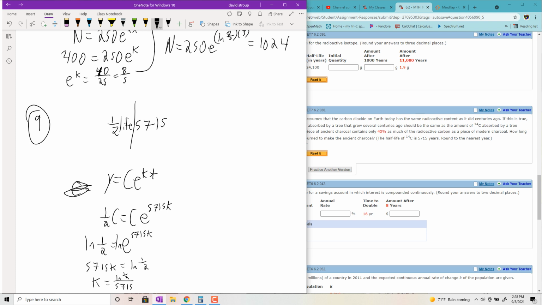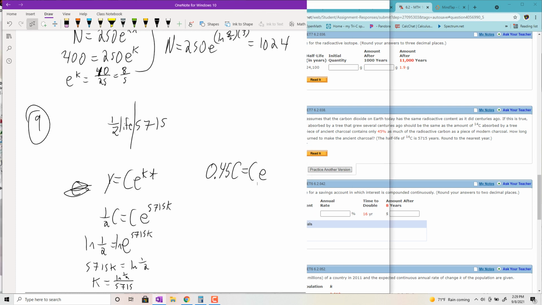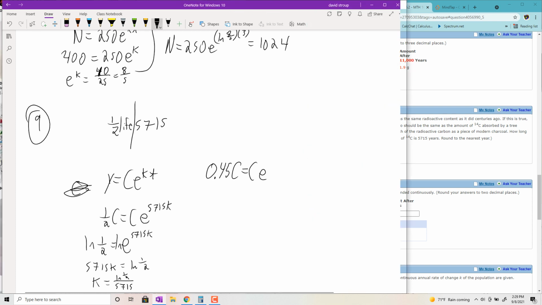And then we note that only 45% of the carbon is left in this particular case. So 45% of the original amount of carbon is left in t years. So we could set up our formula to solve for time, because now we know k. So you got ln of 1/2 all over 5715 times t.